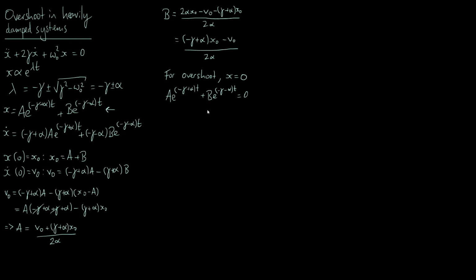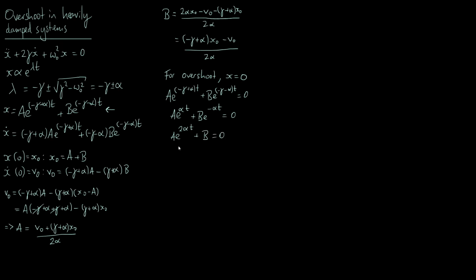What I'm going to do here is multiply both sides by e to the gamma t, and then this will simplify to a e to the alpha t plus b e to the minus alpha t is 0. And then you can multiply up by e to the alpha t and find that a e to the 2 alpha t plus b is 0.